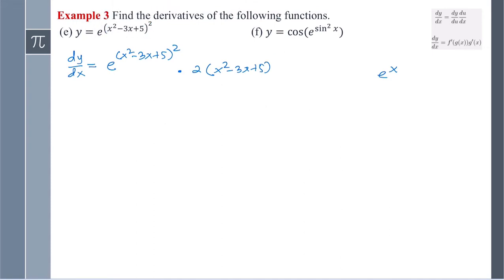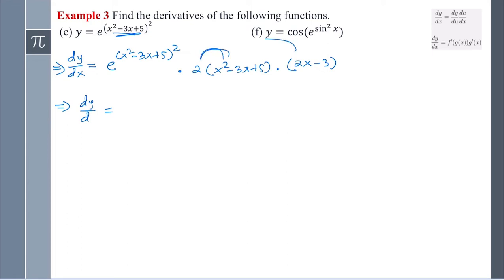Now, the third step, the third function is this inside function, which is x squared minus 3x plus 5, so the derivative is 2x minus 3, okay? And then let's see what we can do just to clean this up. So that gives us dy over dx equals, we cannot do anything with the first one, we just leave that as it is, but we can distribute this 2 either here or here.